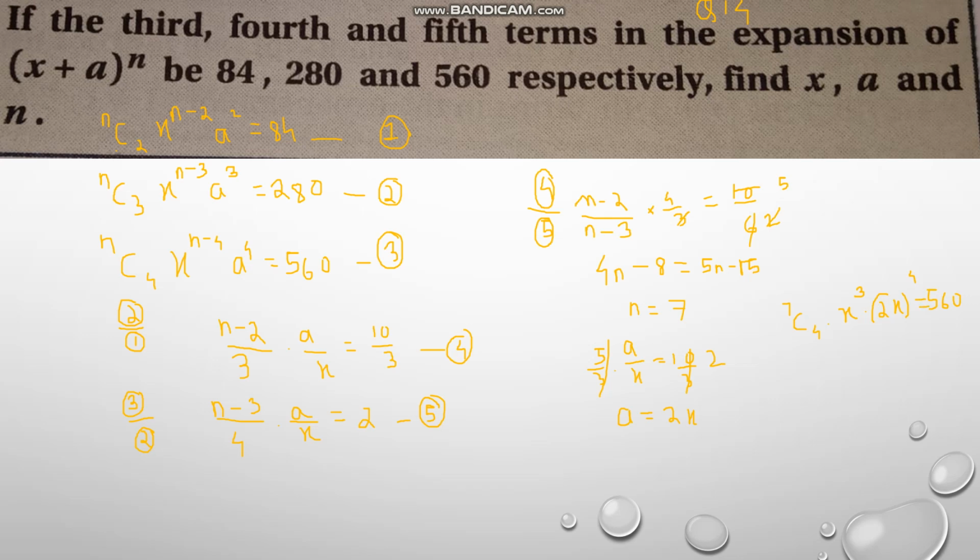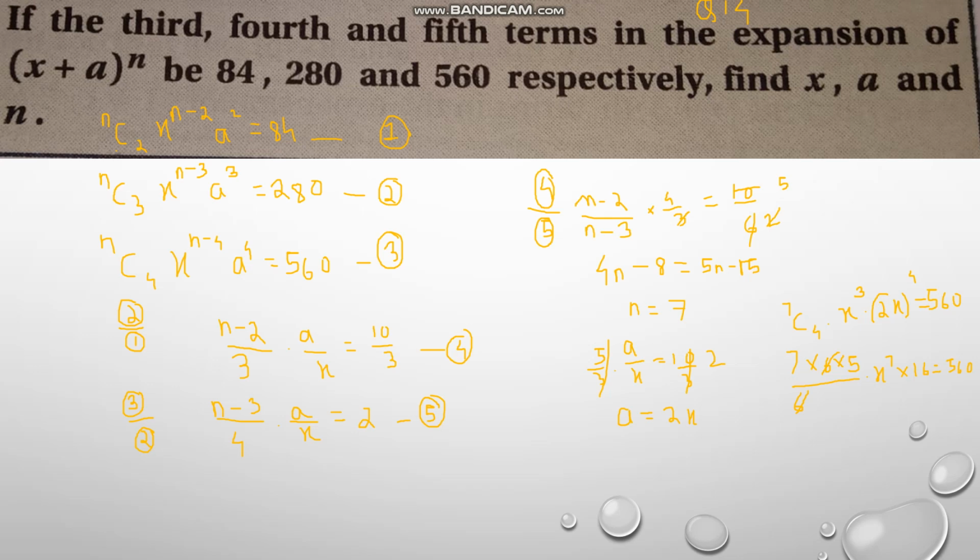Okay, 7C4: 7 into 6 into 5 divided by 3 factorial, which is 6, so 6 cancels here, multiplied by x to the power 7, and then there will be 2 to the power 4, which is 16. This is equals to 560.